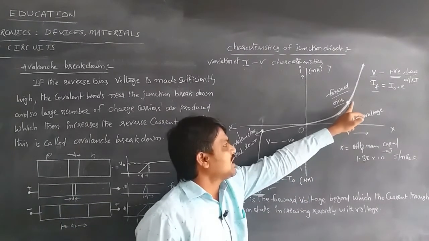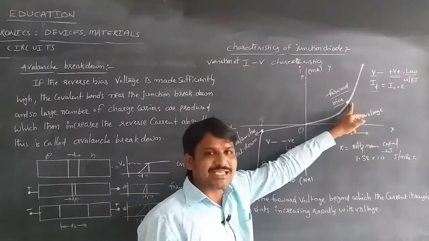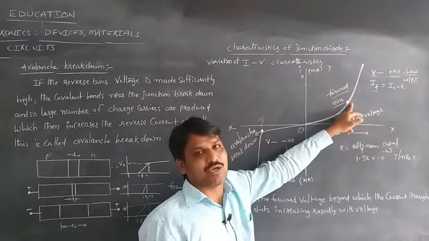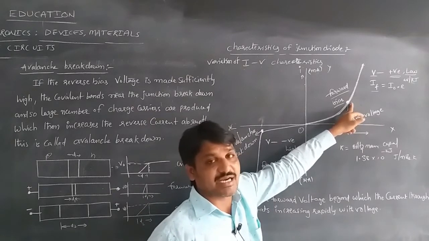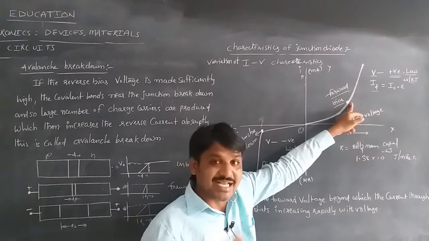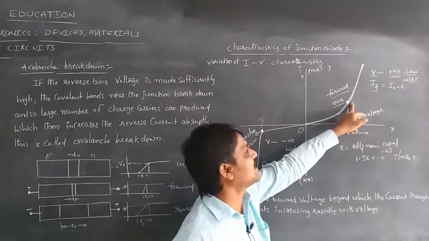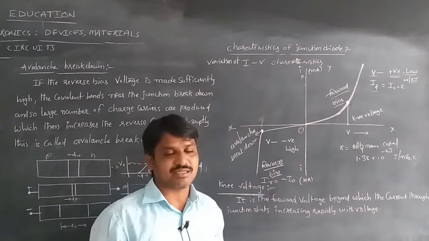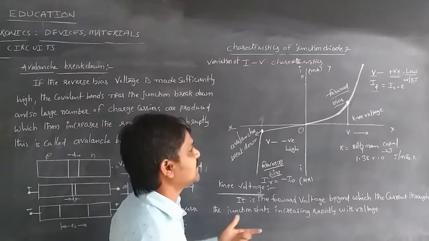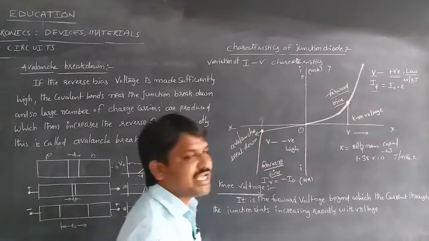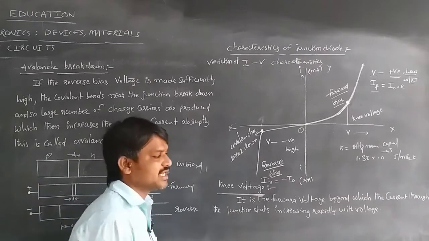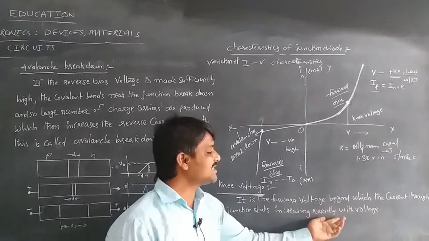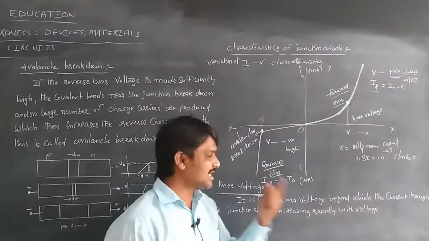At this forward voltage, the current in the diode starts increasing rapidly in the forward-biased condition. So the forward voltage beyond which the current passing through the junction starts increasing rapidly with voltage is called the knee voltage.